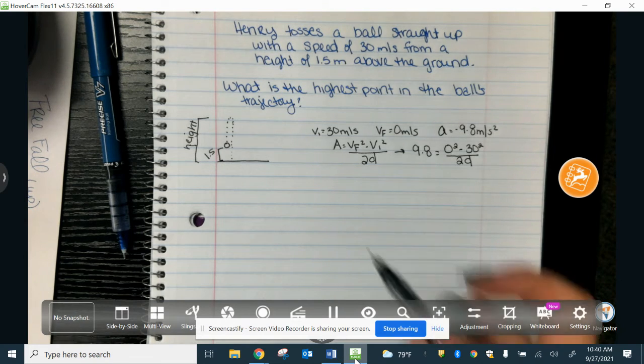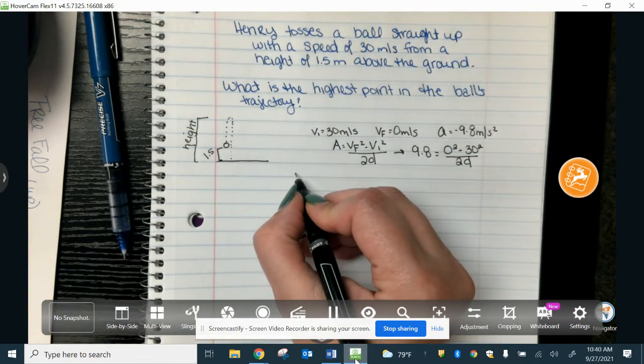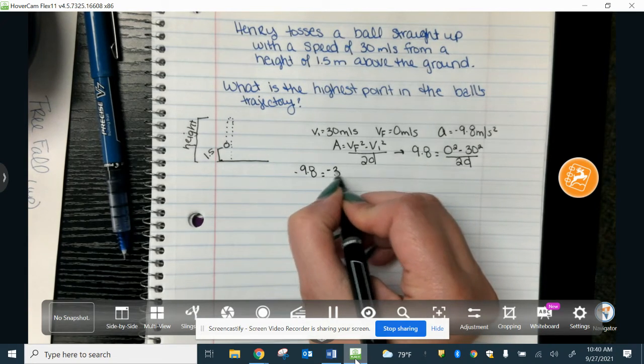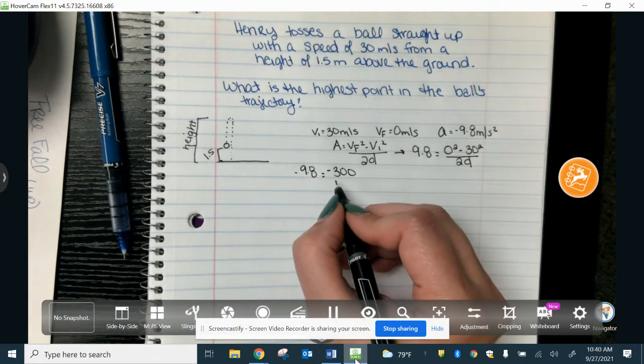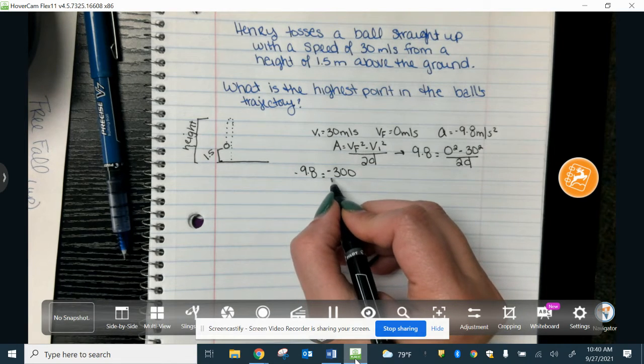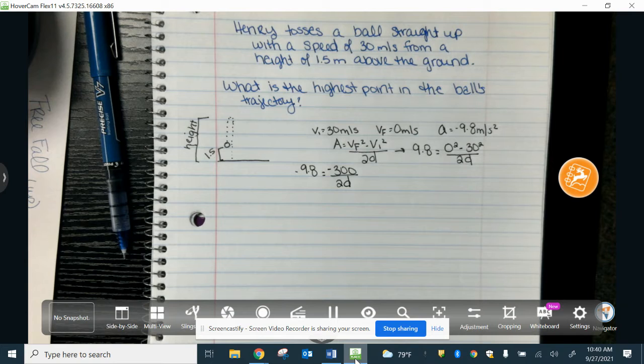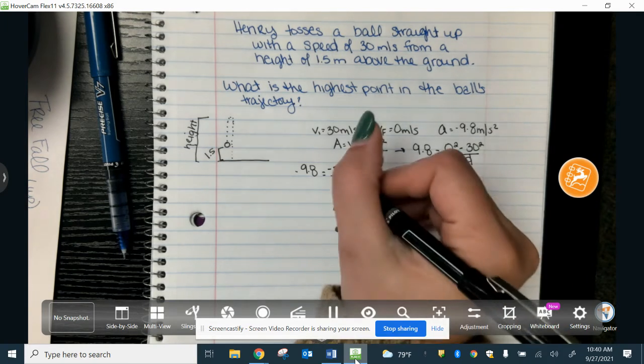Okay, so I'm going to simplify this a little bit. Negative 9.8 equals negative 900, because 30 squared is 900, over 2d. Sorry, not 300. That would make a lot more sense.